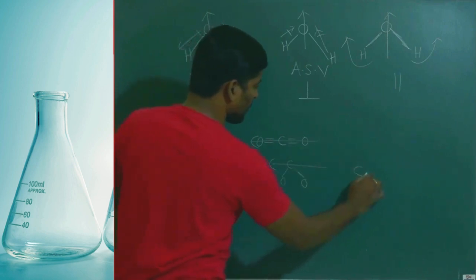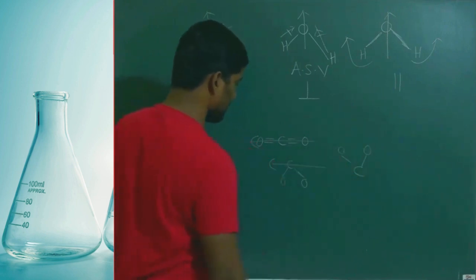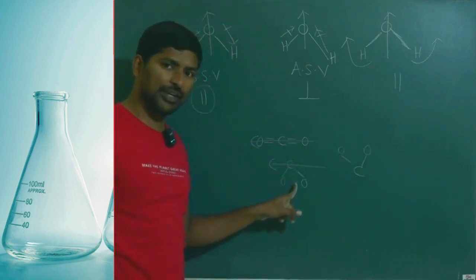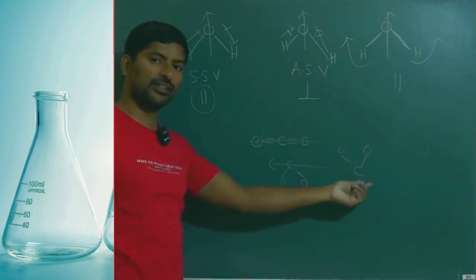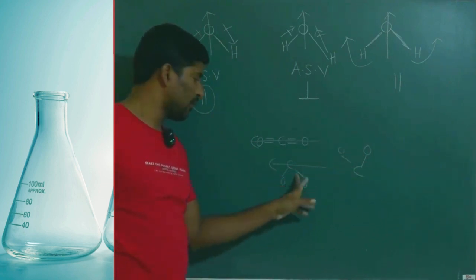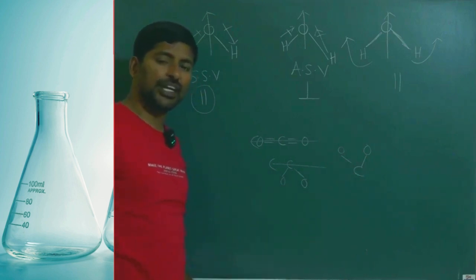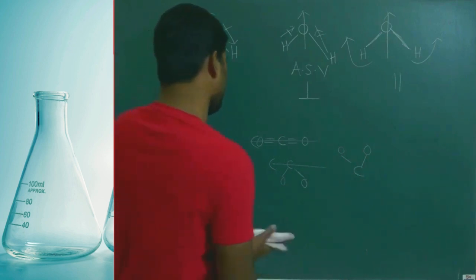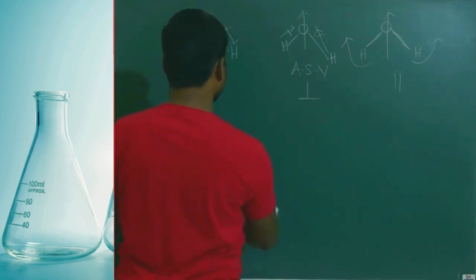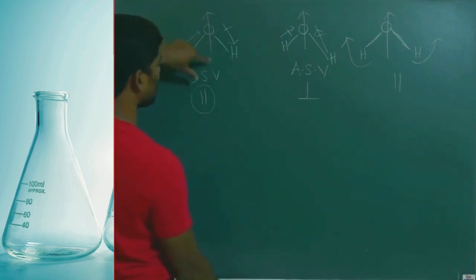If you rotate along the principal axis, we'll get something like this. That means we cannot get an equivalent configuration. So bending vibration is said to be what? Perpendicular vibration.